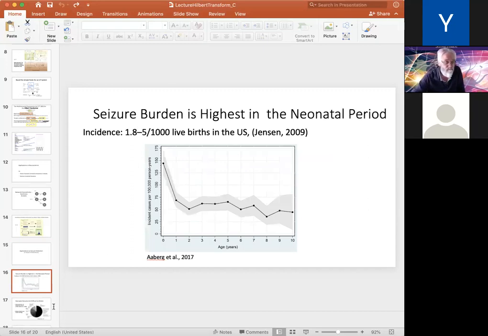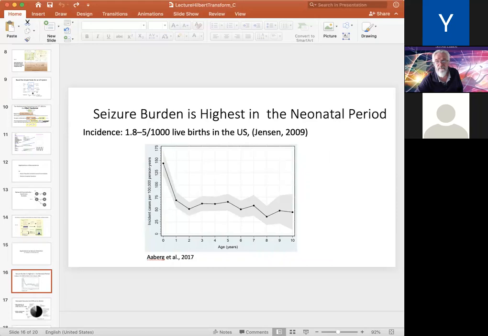Hey guys, my name is Sylvia. I'm a first year in Vim's lab and a second year overall in the MD PhD program. I'm going to talk to you, like Vim said, briefly about neonatal seizures, so you get some sense of the practical application behind signal processing applications like the Hilbert transform for seizure activity.